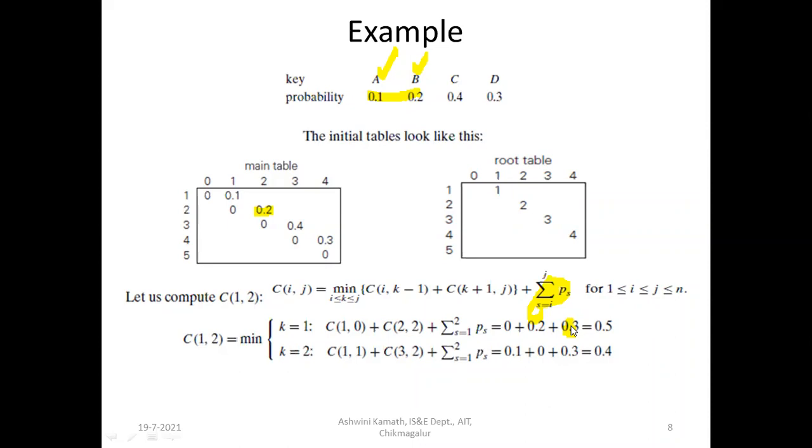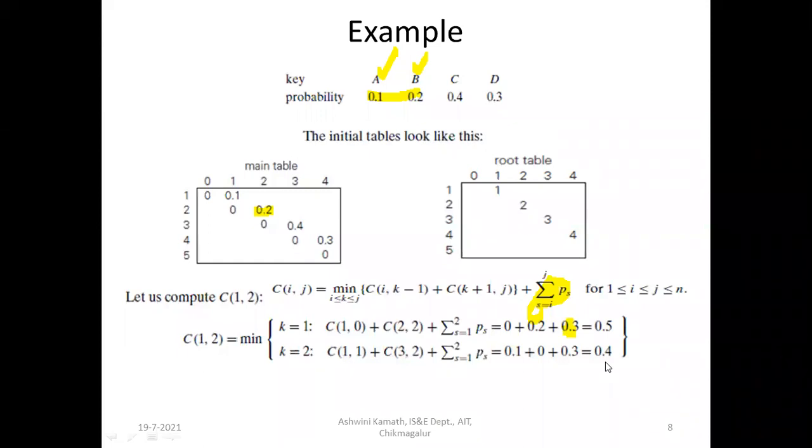So C of 3, 2, plus the summation value from 1 to 2, which is again 0.3. What is 1, 1? Check in the main table: 1, 1 is 0.1. What is 3, 2? It is 0. So 0 plus 0.3 is the summation value, that is 0.1 plus 0.3, which is equal to 0.4.